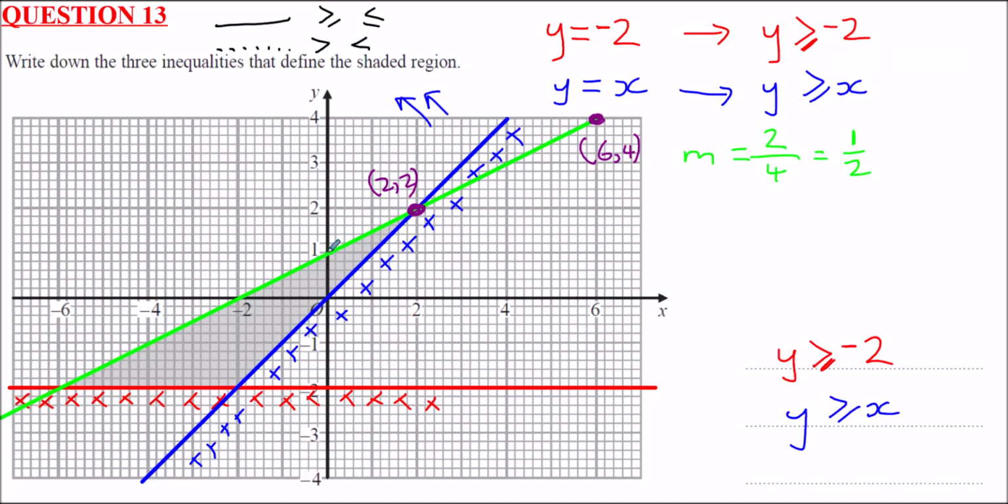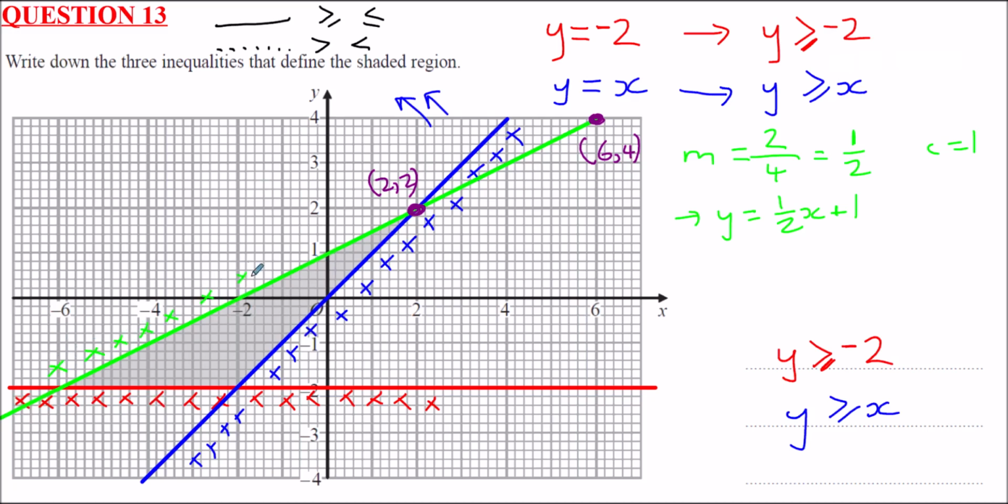It crosses the y-axis at 1. So c is 1. So therefore, the green line is y equals a half of an x plus 1. However, for this one, we're wanting the shaded region to be below the green line. We don't want it to be above.